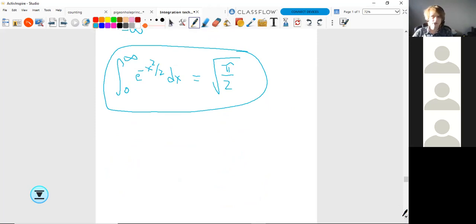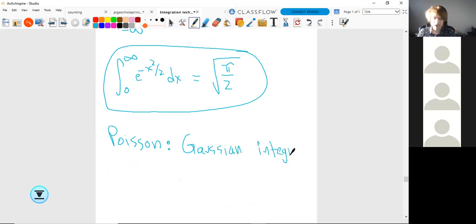That is the one that was first historically given by, I think it was Poisson. And I guess we'll call it the Gaussian integral. But there's also some evidence that maybe the Gaussian integral is the only kind of integral that can be solved using polar methods like that.